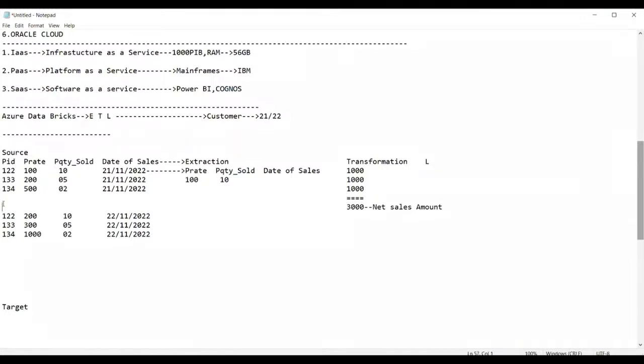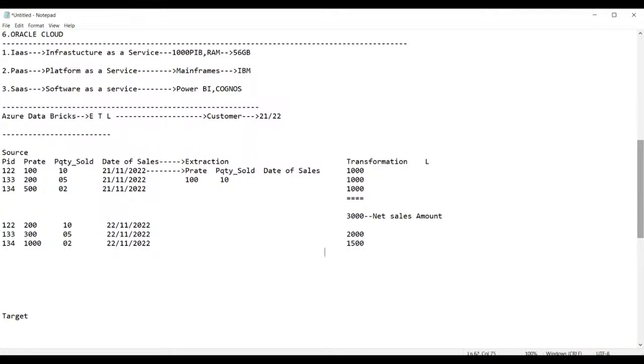For the 22nd day, 200 into 10 means what, guys? 2000. 300 into 5 means what? 1500. Very good. 1000 into 2 means what? 2000. Very good.